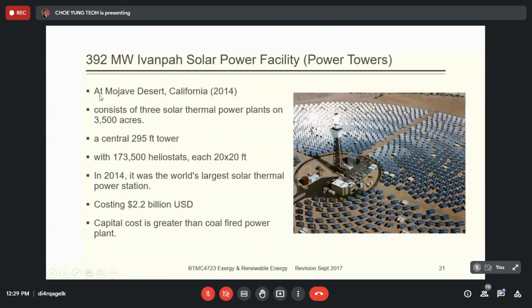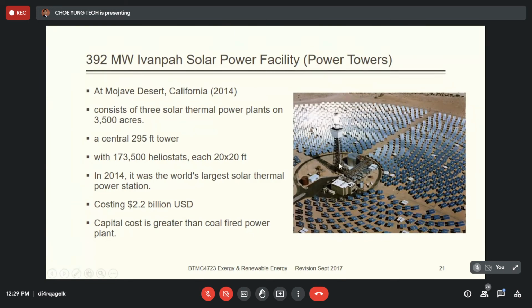So you can see that this was also developed in the Mojave Desert in California and started to operate in the year 2014. It consists of 3 solar thermal power plants on 3,500 acres of land. The name of this power plant is called Ivanpah Solar Power Facility, with a rated power of 392 megawatt.